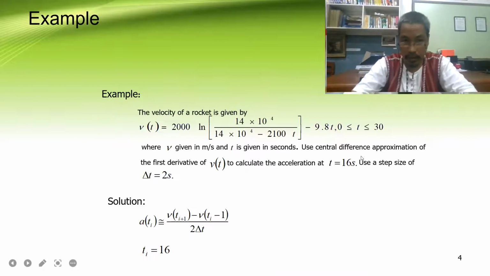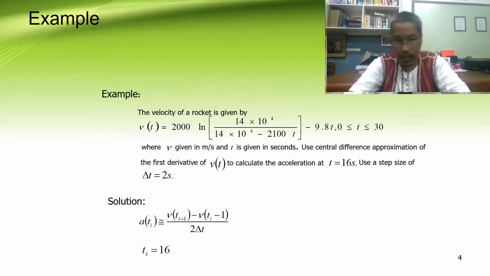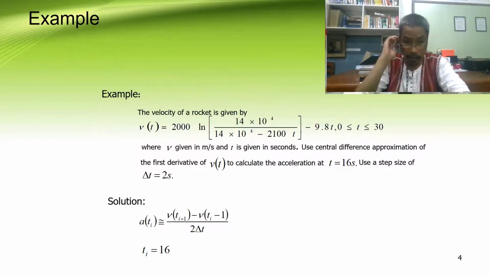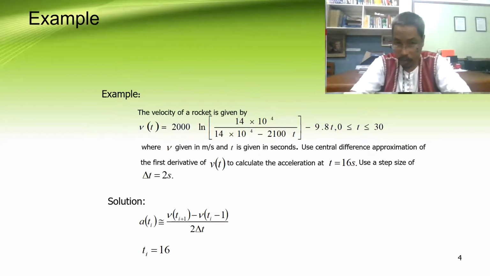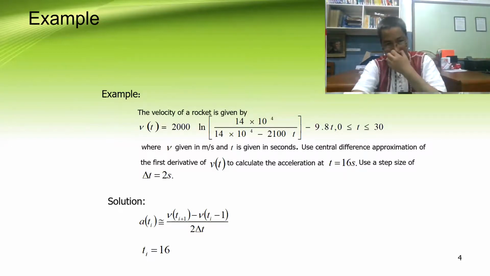Okay, so therefore we have an example again using the same rocket example. The velocity of it is given by some equation which we already memorized right now, and the valid region is still same, 0 up to 30. We need to calculate the first derivative to find the acceleration at time equal to 16 seconds, using a step size of 2 seconds.